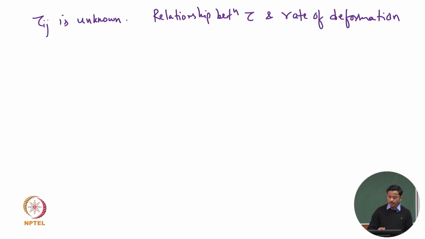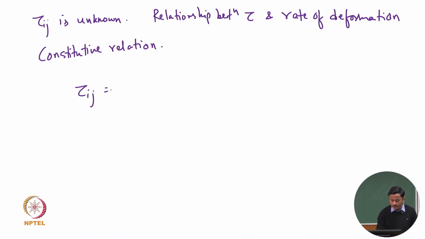This relationship is called a constitutive relation. Again, we have done this in advanced fluid mechanics courses. So tau ij can be decomposed into hydrostatic and deviatoric components.